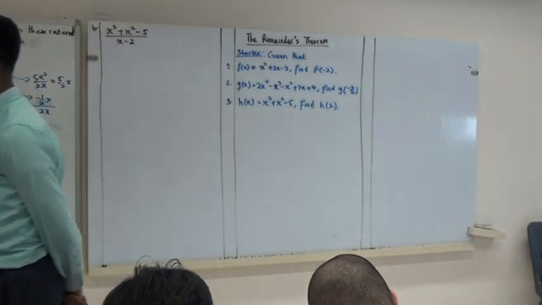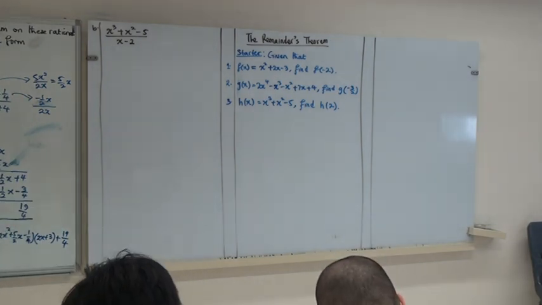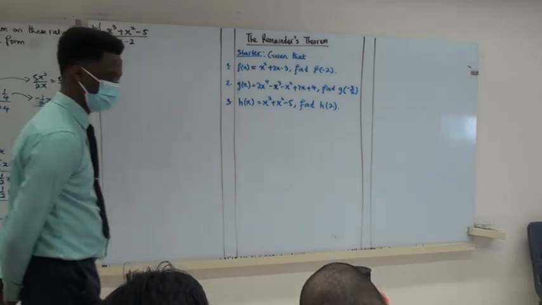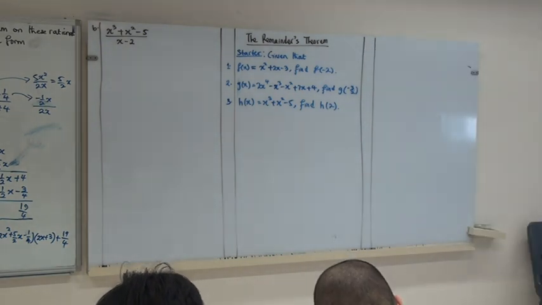I want you to take note of something. After you're done with your starter, I need you to compare with the last 3 questions that we have done so far, and tell me what you notice. So, hurry up.